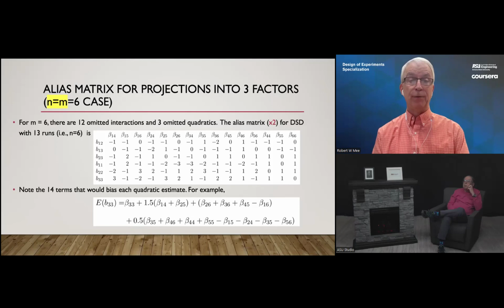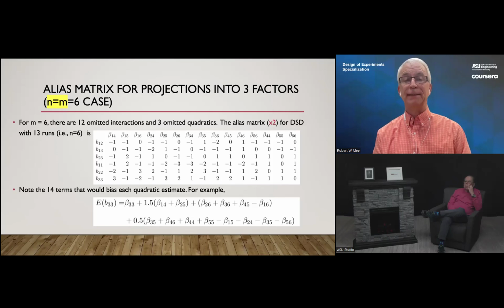Well, it is beta 3,3, the true coefficient for that squared term, plus 1.5 times 2 betas, plus or minus 1 times 4 of the betas, plus or minus 1 times 4 of the betas, and plus or minus 0.5 for all the rest. Wow. And so the potential for bias is clearly present.